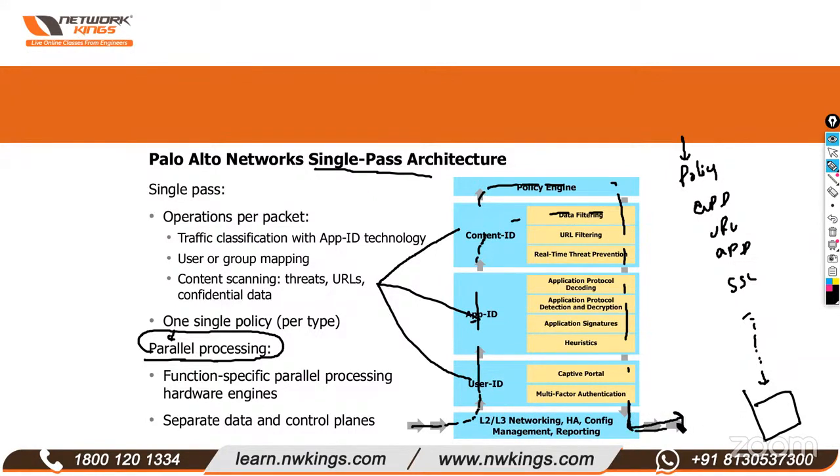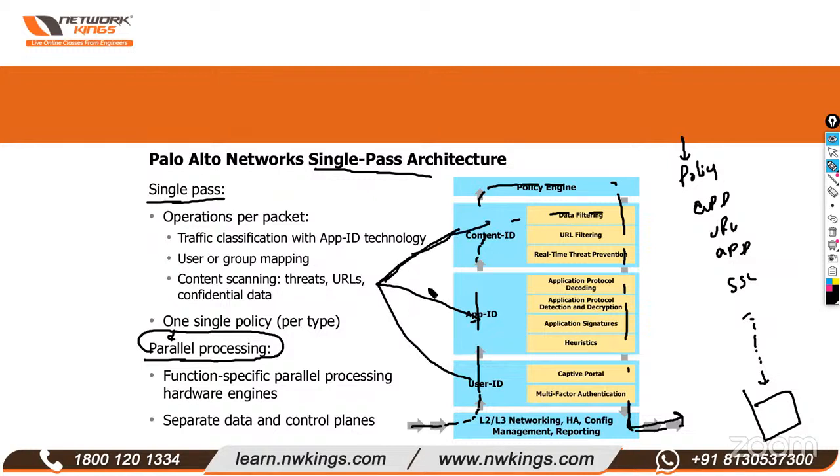So how will things work? First the single pass comes into the picture. It understands the first traffic, what application it is using and what user it is, and then the next time it will be parallel processing.